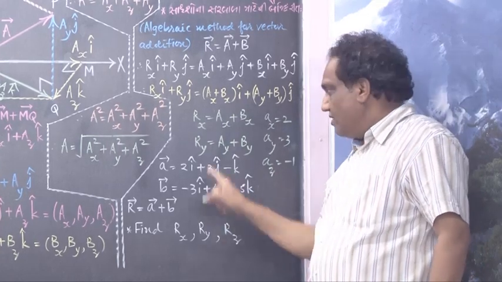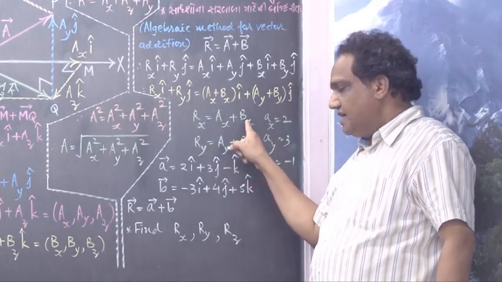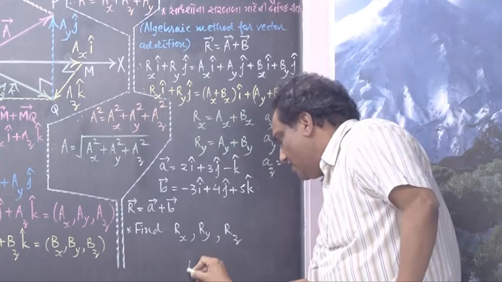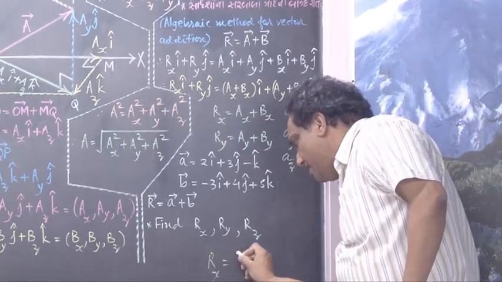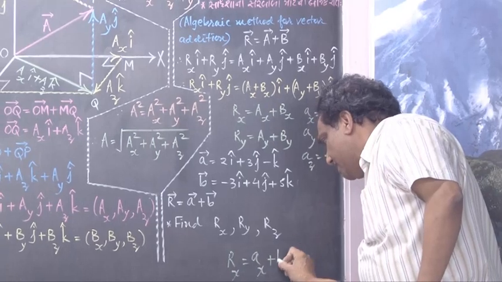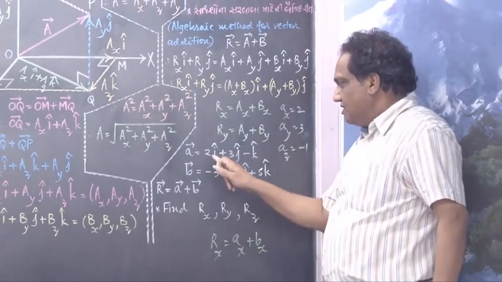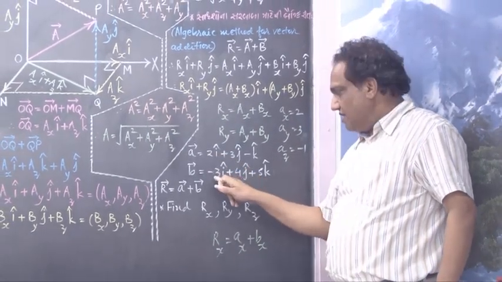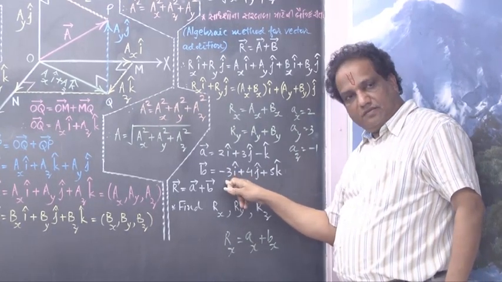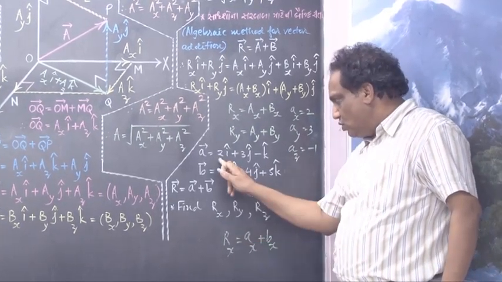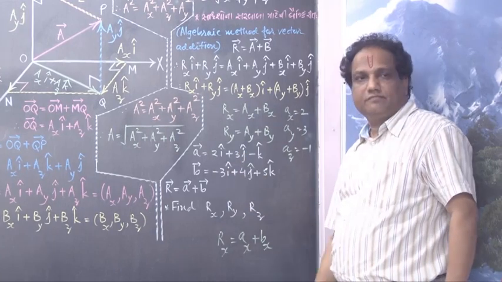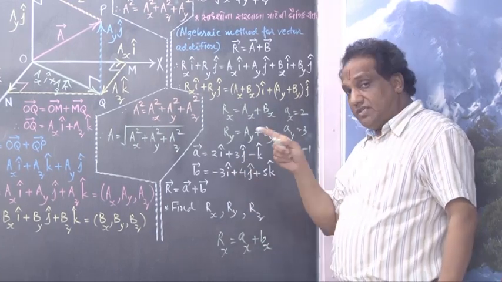Plus 5. And what is the Rx formula? Ax plus Bx. So look here, Rx is Ax plus Bx. What is Ax? 2. What is Bx? Minus 3. So Ax plus Bx means 2 minus 3, which is minus 1.